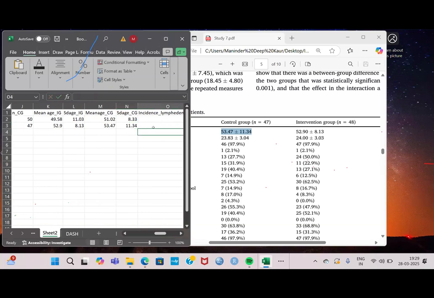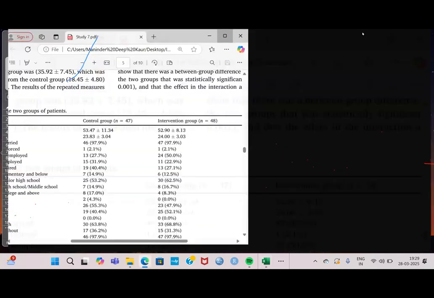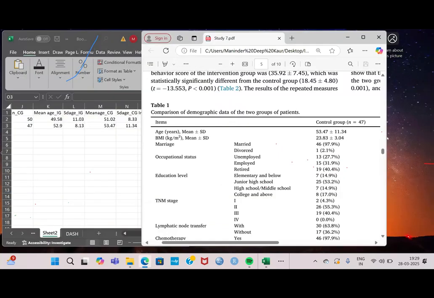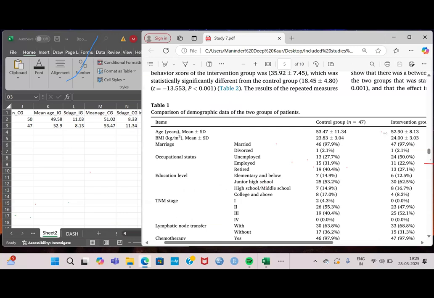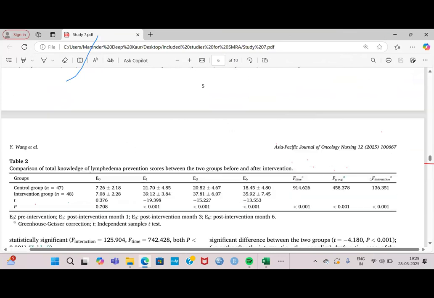Our next step is the incidence of lymphedema. I need to find whether this study has reported the incidence of lymphedema. See, incidence. Yes, let's find out the incidence of lymphedema in the present study.